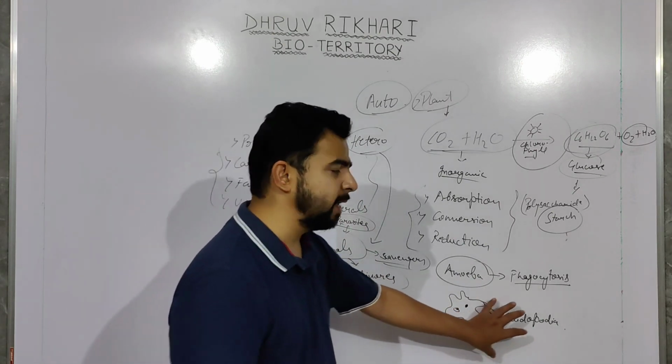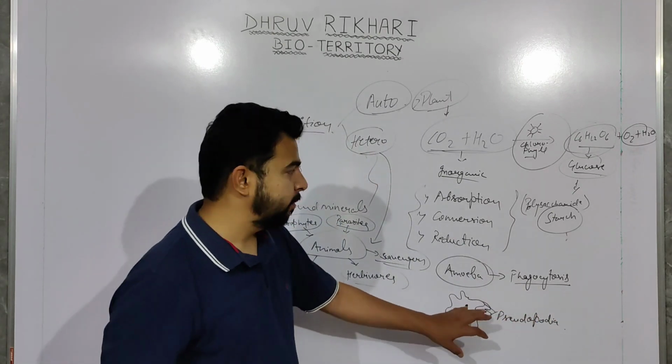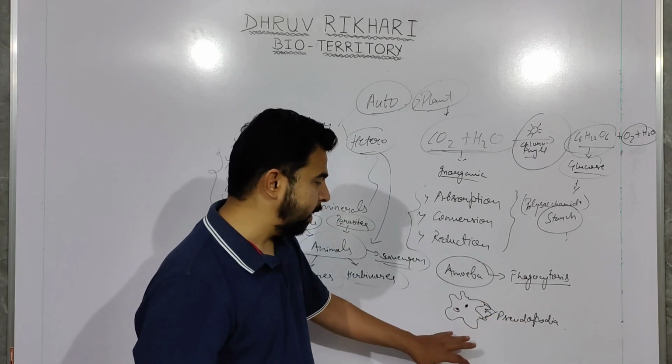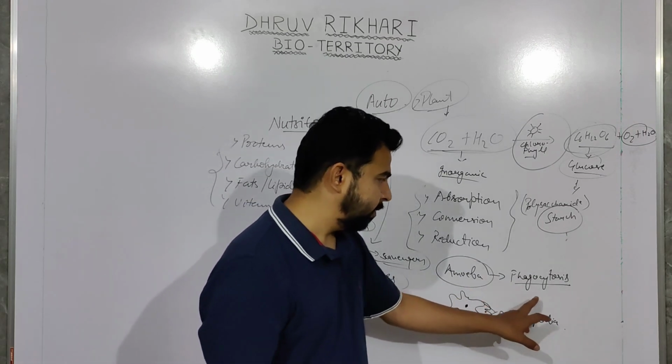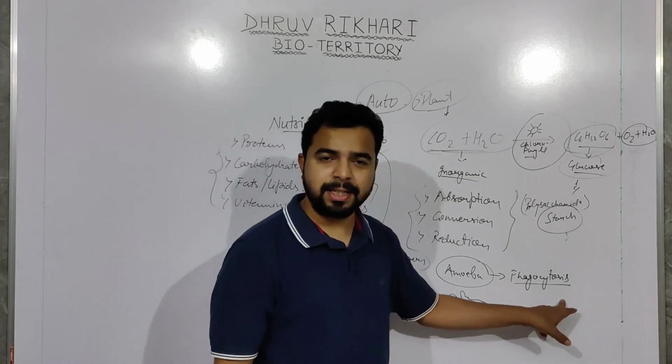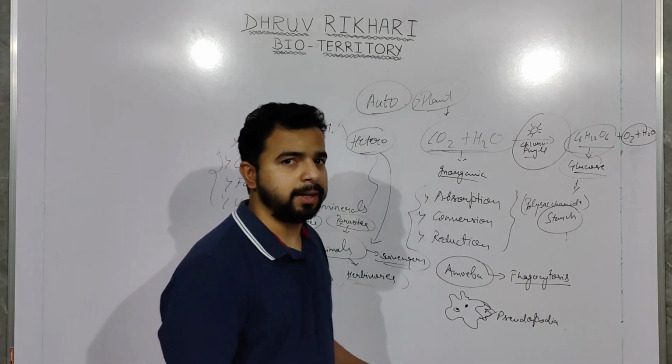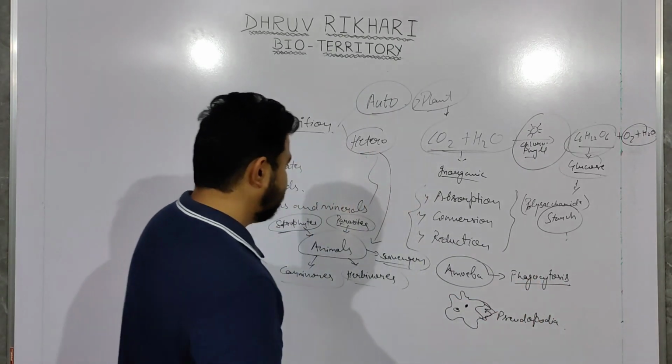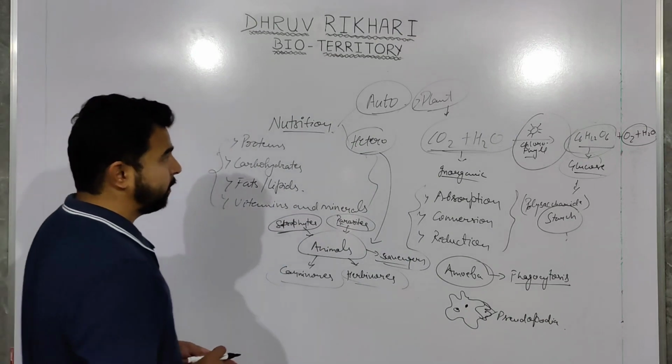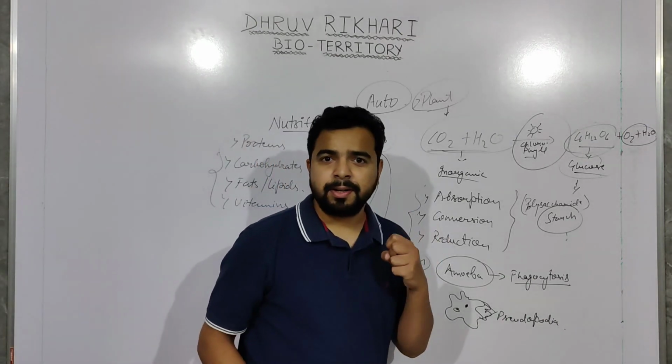So this is a simpler type of process in amoeba, which we call phagocytosis. This is the engulfment of a food particle from its surrounding. So this is about autotrophs and heterotrophs.